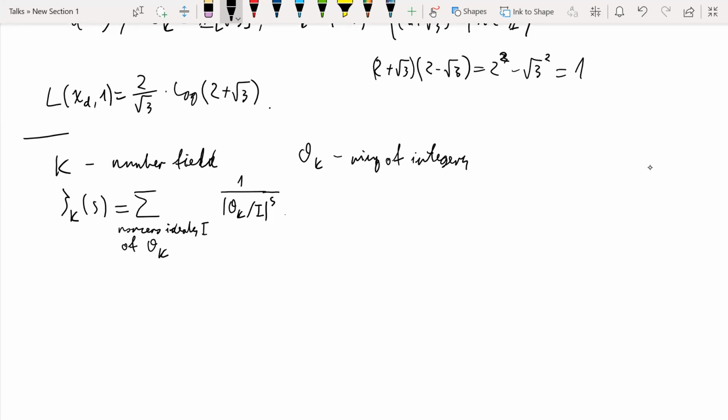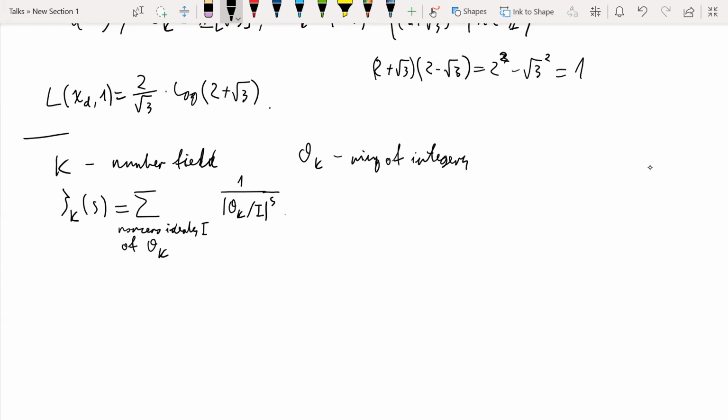So if we take K to be the rational numbers, then O of K is the integers. And in this case, you can see that this just gives back the Riemann zeta function. But for general number fields, it is going to be much different.